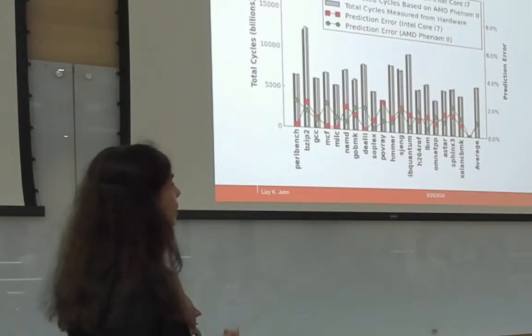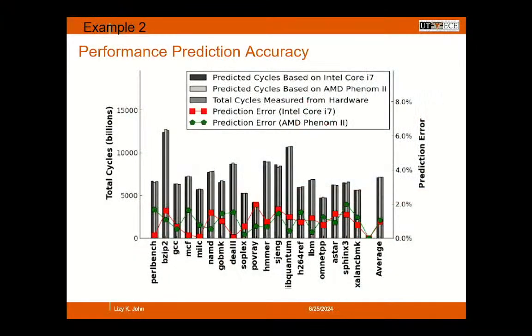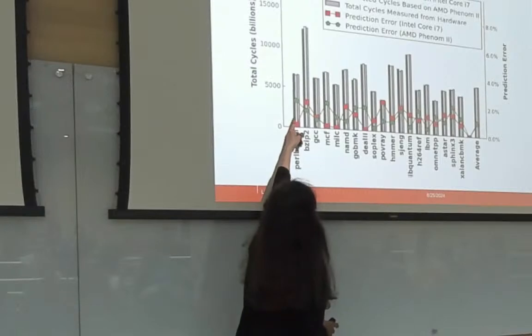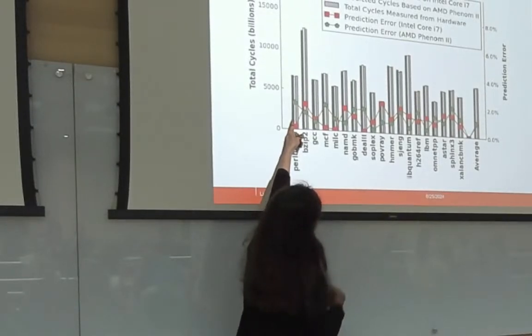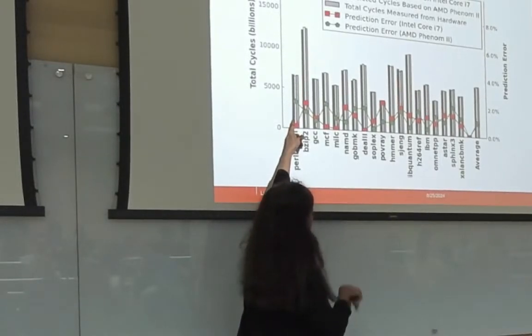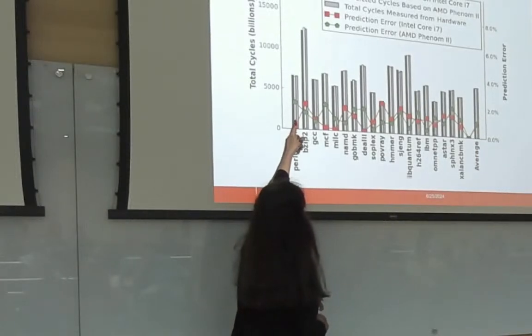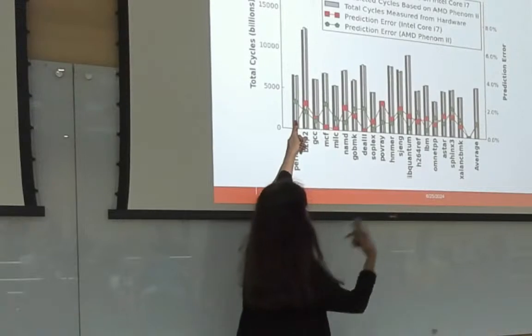And what we find is very low prediction errors. This is for performance. The first one is the cycles predicted on ARM, but based on training from Intel. Here the training is from AMD and predicted is ARM.